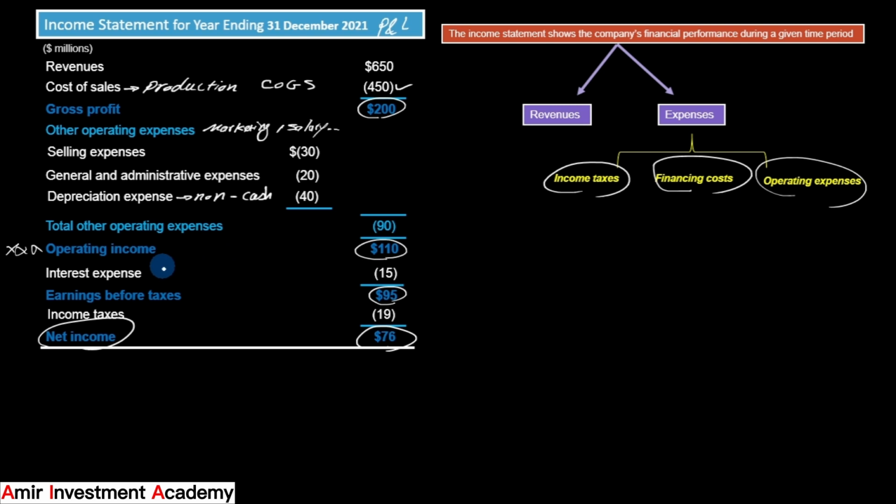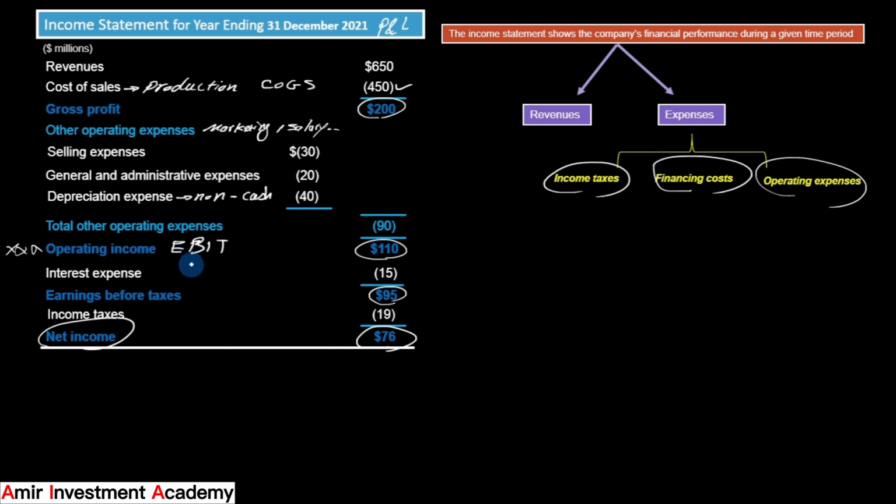Now, here, the operating income also has a specific name that you might hear in different income statements, or you hear it on the news channels, they say it. So this is called the operating income. The other name for it is EBIT. Right? EBIT.